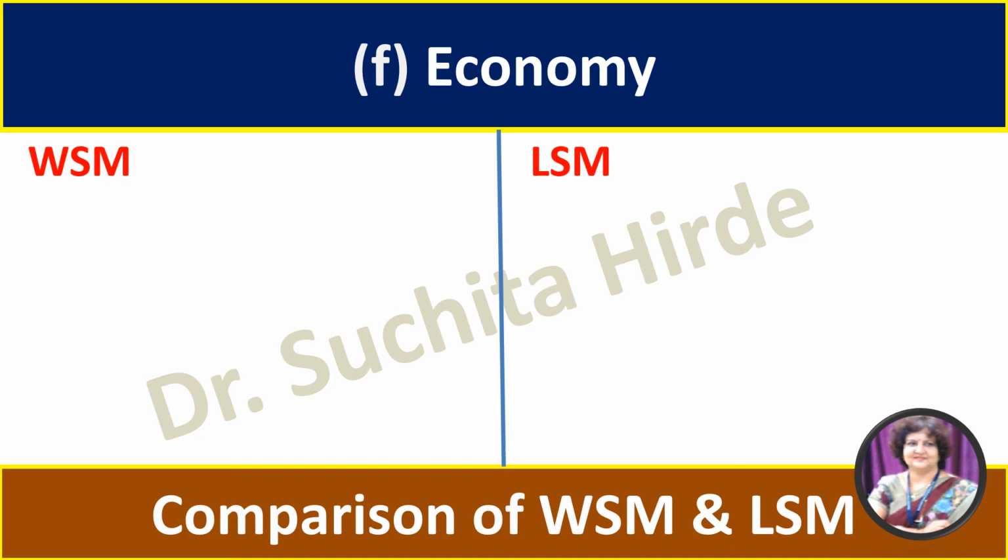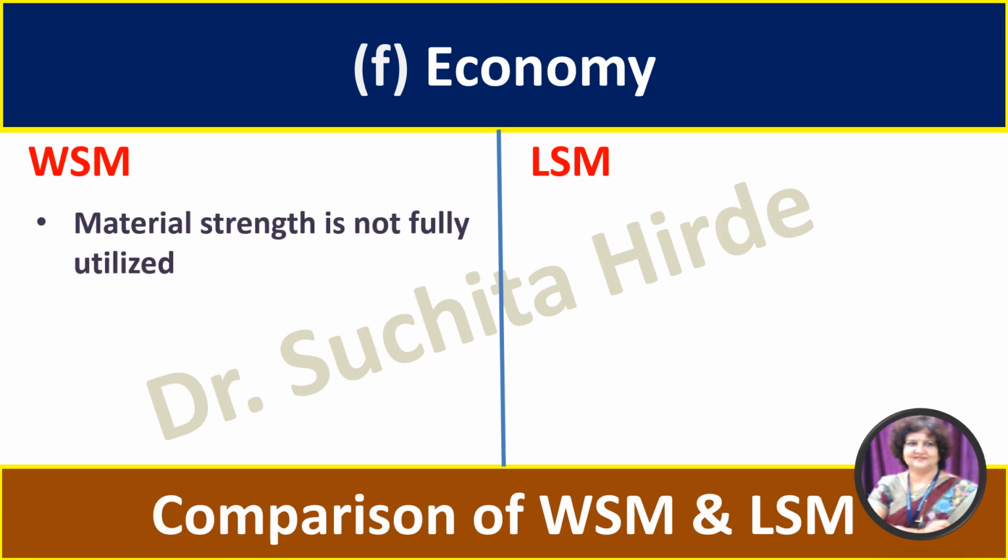Next point of comparison is economy. Now as you know, working stress method is based only on elastic behavior of the material. Therefore material strength is not fully utilized and there is a large factor of safety involved in working stress method design. Therefore it gives an uneconomical section.